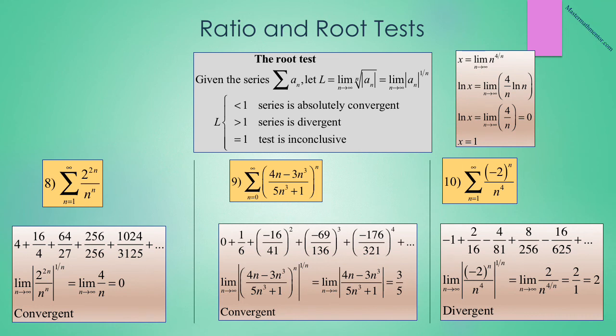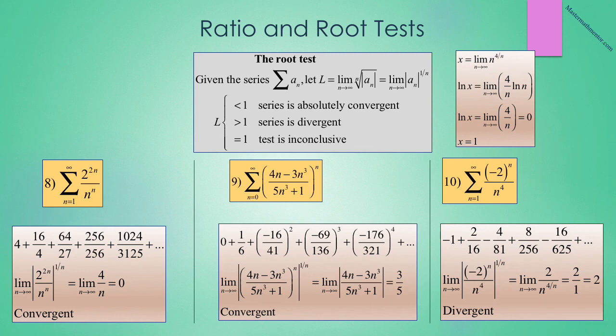If it is not clear that the limit as n approaches infinity of n to the 4 over n is equal to 1, we show a small proof of that. We let x equal the limit as n approaches infinity of n to the 4 over n and take the natural log of both sides, getting the natural log of x is equal to the limit as n approaches infinity of 4 over n times the natural log of n.